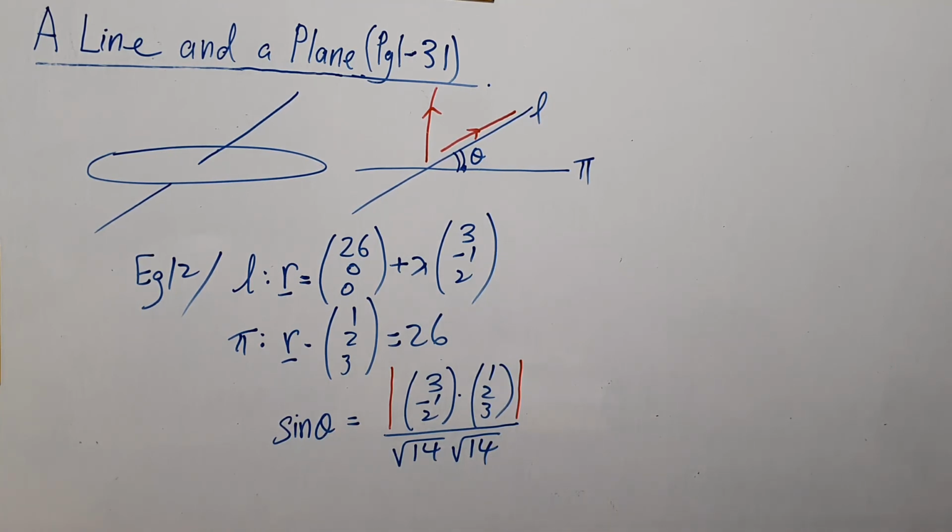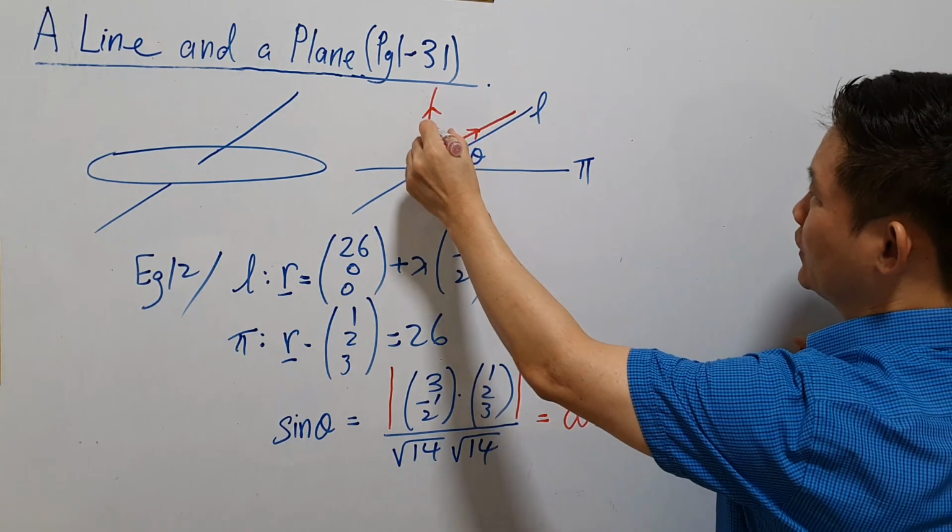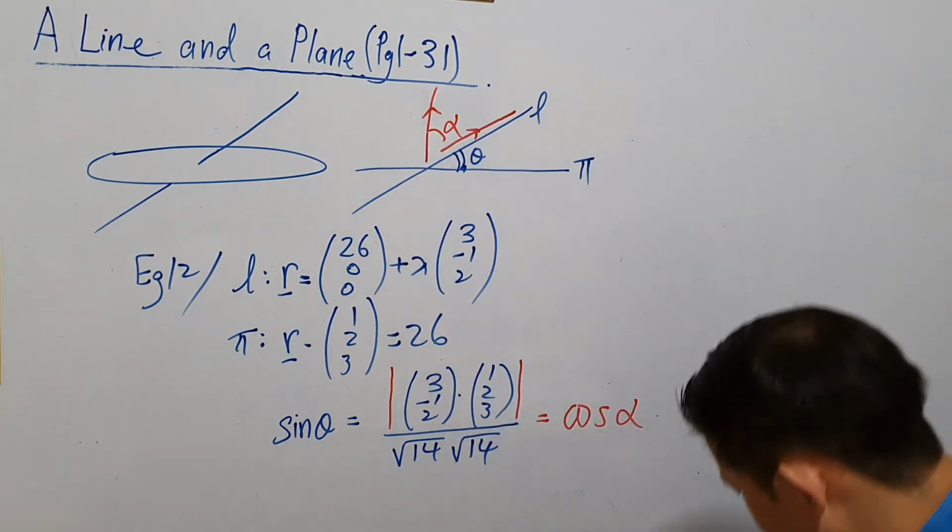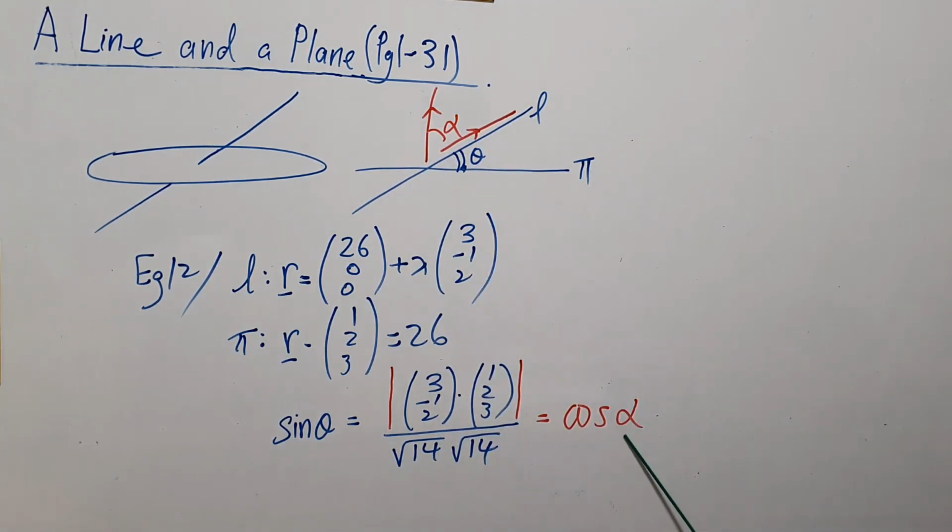Of course, nothing stops you from saying that this arithmetic actually gives me cos alpha, and this is alpha. Nothing stops you from finding the angle alpha first, then finding the angle theta by taking 90 minus alpha. Nothing stops you from doing this. But I'm telling you that it is actually faster to just right away do this.